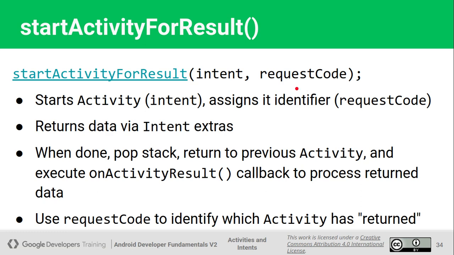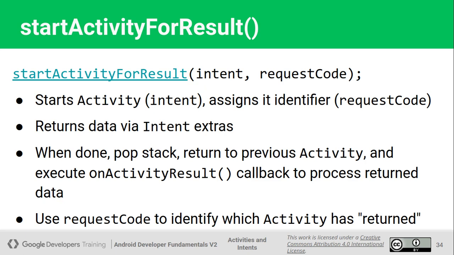The request code is a unique identifier for an activity. For example, we have 4 activities in our application, and from the main activity we can go to activity number 2, activity number 3, or activity number 4. So we allocate a request code to activity 2, for example code number 2, and we assign code 3 to activity 3 and code 4 to activity 4.